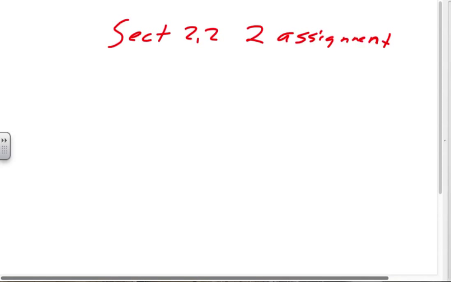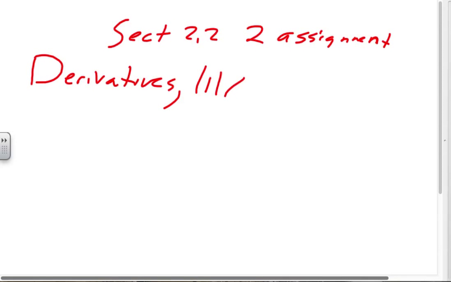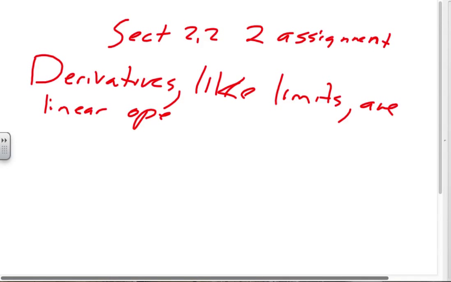So the first thing we want to talk about is the fact that derivatives, like limits, are linear operators. Okay, and this is actually kind of nice for a variety of reasons.